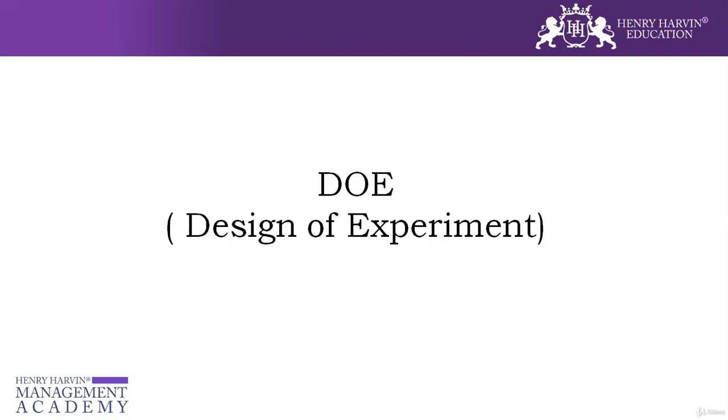So what is design of experiment? Design of experiment is doing an experiment on certain things before implementing certain solutions. Sometimes the solution that we are implementing is very critical and important in nature, and if I don't do any sort of experiment, I will not be able to implement it. So doing an experiment on the design that we have come across is called design of experiment.